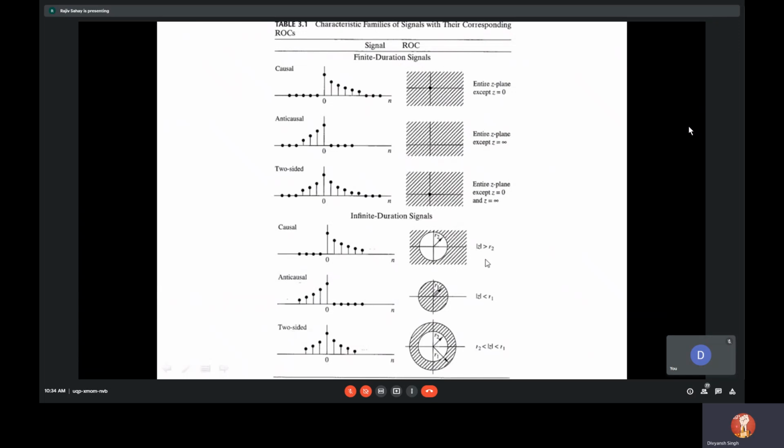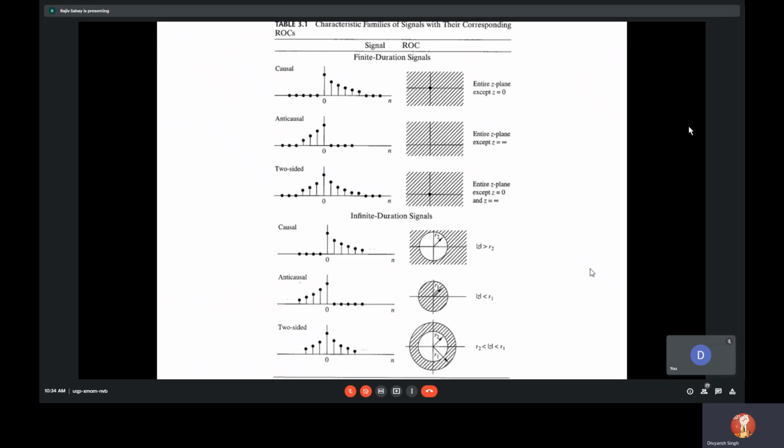For a causal sequence, the ROC is beyond the radius of the circle. For an anti-causal signal, it is inside the circle. For a two-sided infinite duration sequence, it is an annulus region. This is the summary of all types of signals for which the ROC can be calculated in the Z transform.